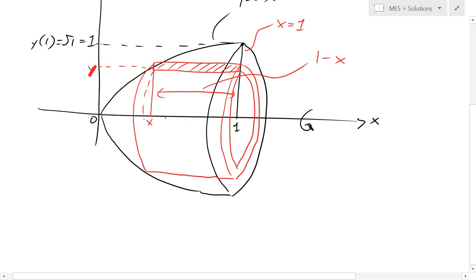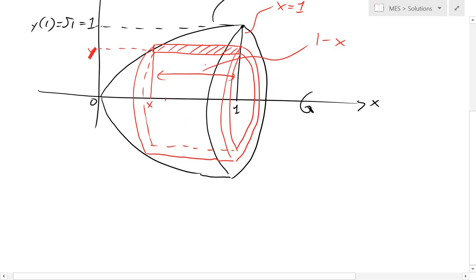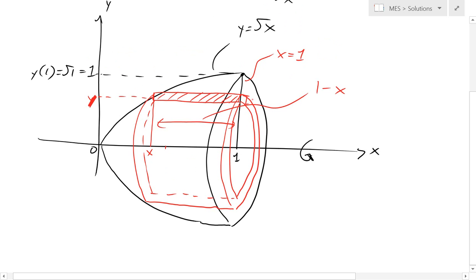I'll draw a dashed line across. So we know the height, we know the radius, which is y, and also the thickness right here, which is delta y. And this horizontal height is 1 minus x.